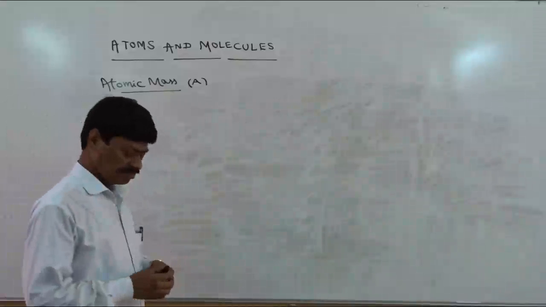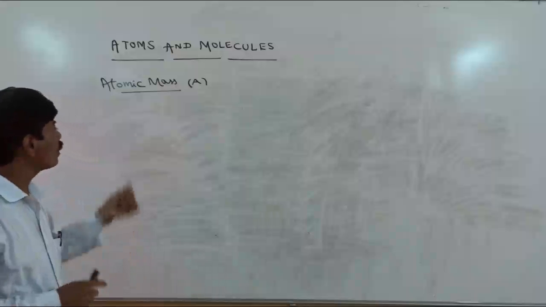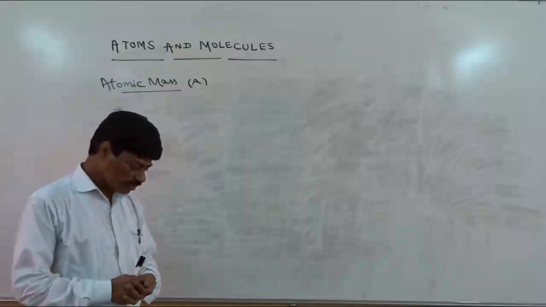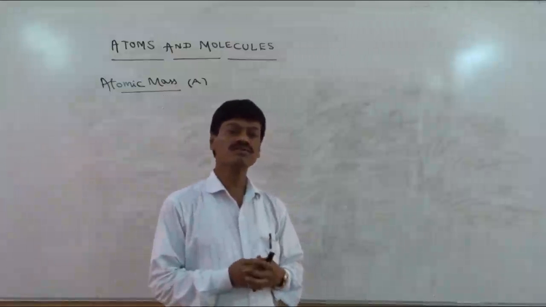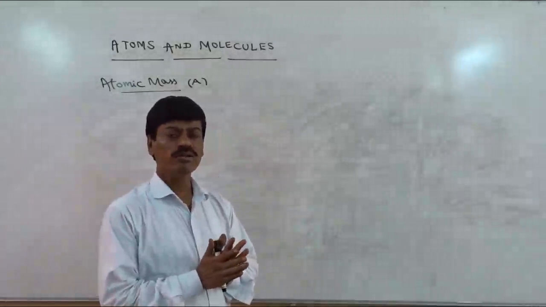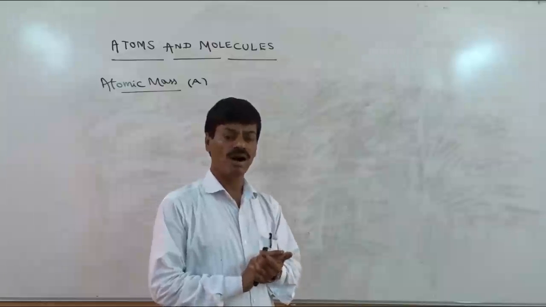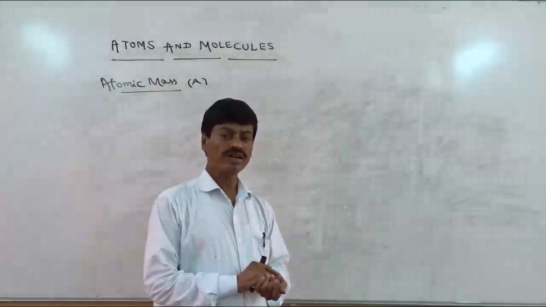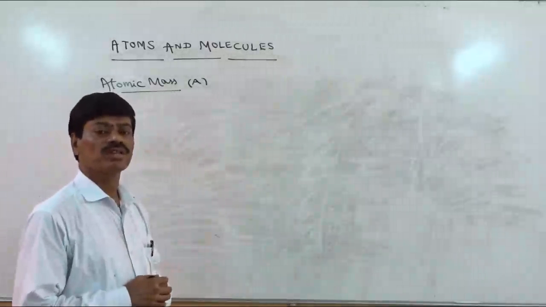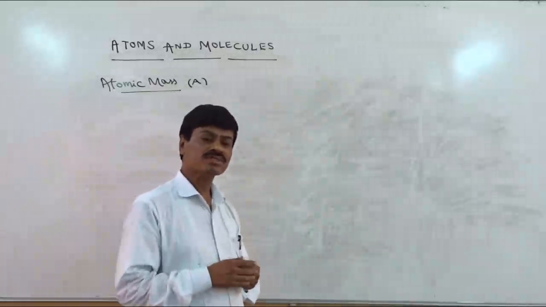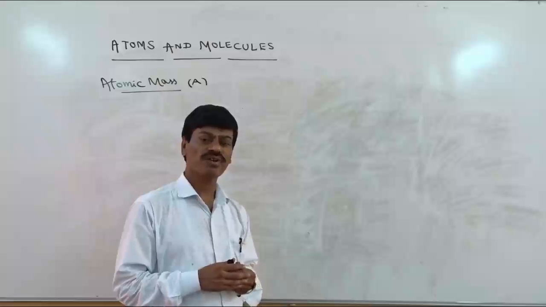Next one. IUPAC introduced a new unit in place of atomic mass unit, and that new unit is unified mass. So in place of AMU, U has come. That U stands for unified mass.